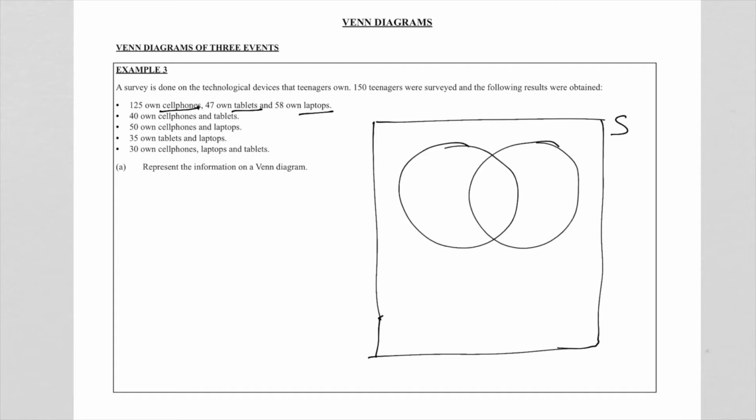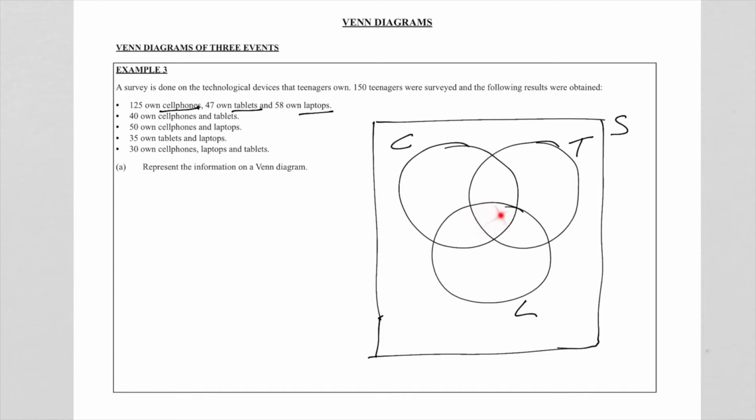There's the first one, second one, and of course they intersect. I'm going to use a C to represent cell phones, a T that represents tablets, and L that represents the laptops. Now, like we said in the two event Venn diagrams, we always start from the middle.